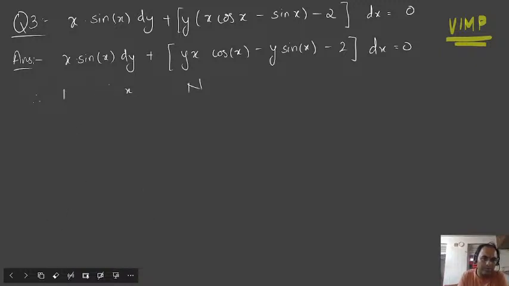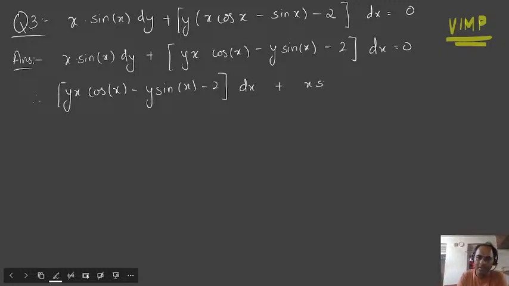Wait a minute. Now we write this in the standard form first. So the standard form here is yx cos x minus y sine x minus 2, you write this here dx, plus x sine x dy, you write equals to 0.